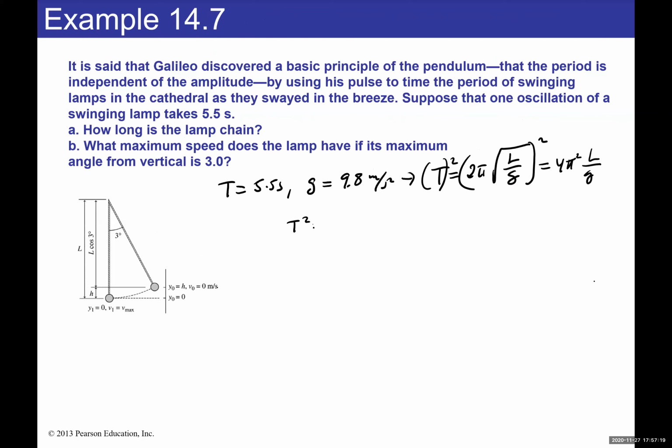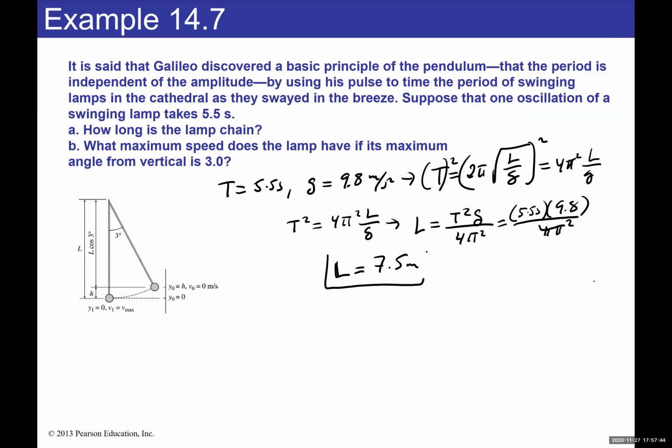Rearranging, L equals T squared times g over 4 pi squared. So this is 5.5 seconds squared times 9.8 over 4 pi squared. Then the length will be equal to 7.5 meters. That's the length of the string.